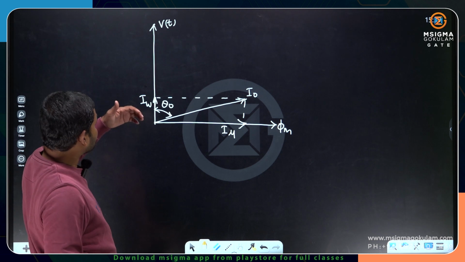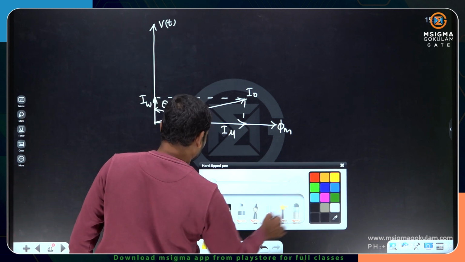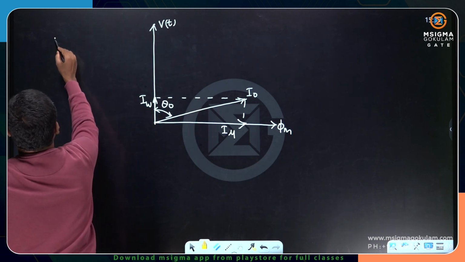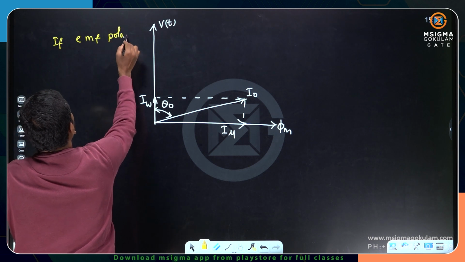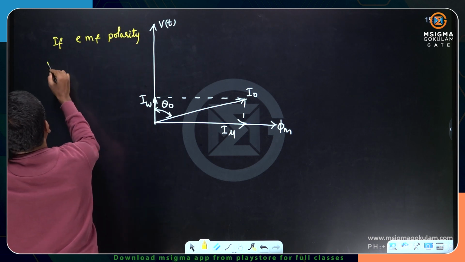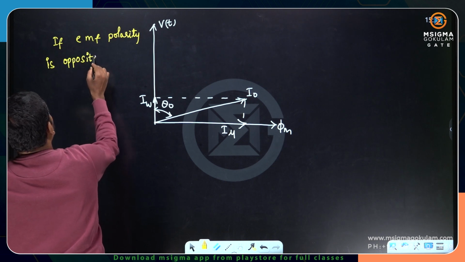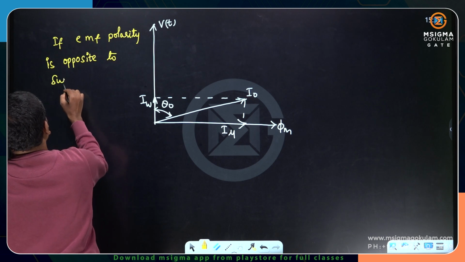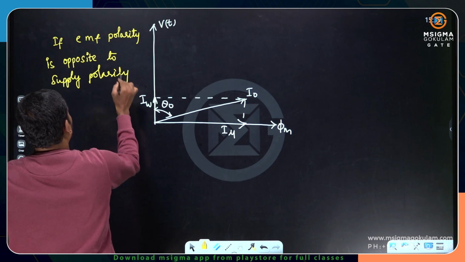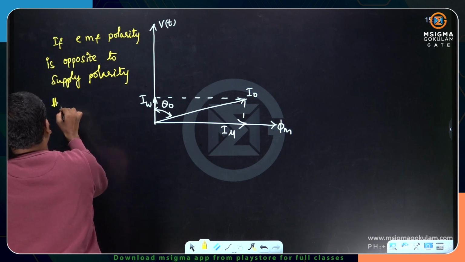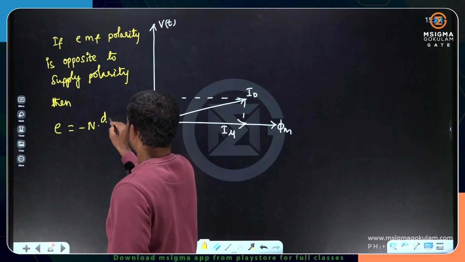Now if I take the induced EMF's polarity opposite to the supply polarity, then EMFs are taken as minus N into d phi by dt.